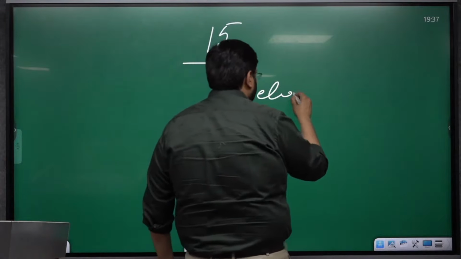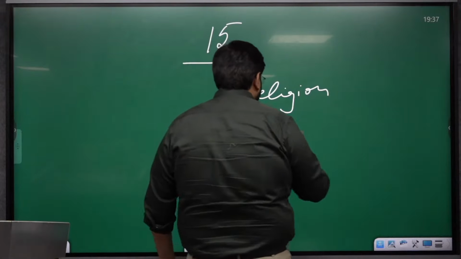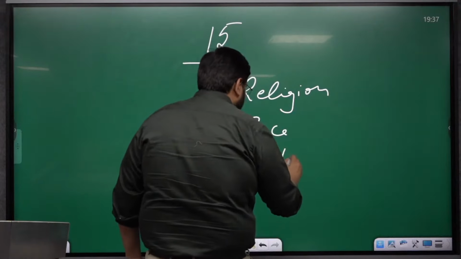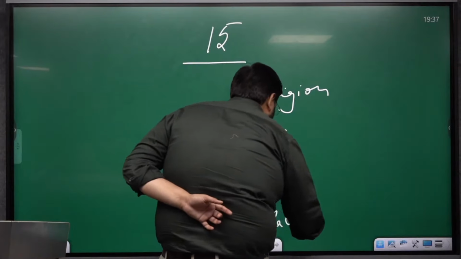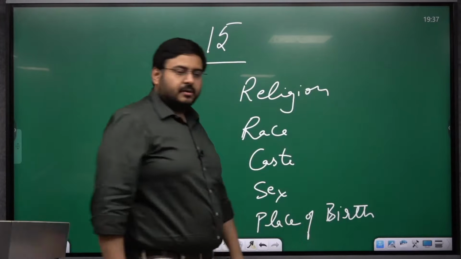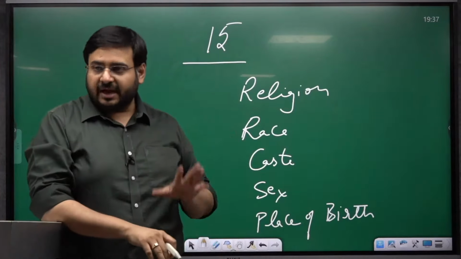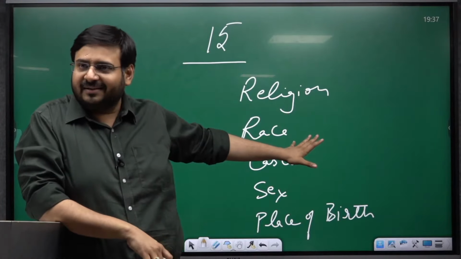Religion, race, caste, sex and place of birth. In your notes, I have given you one slide. Only these five words are written in that slide, right?